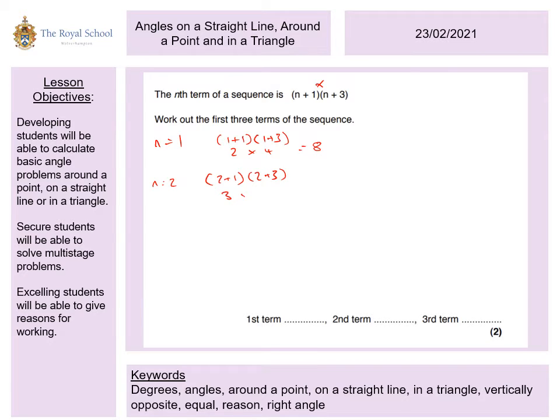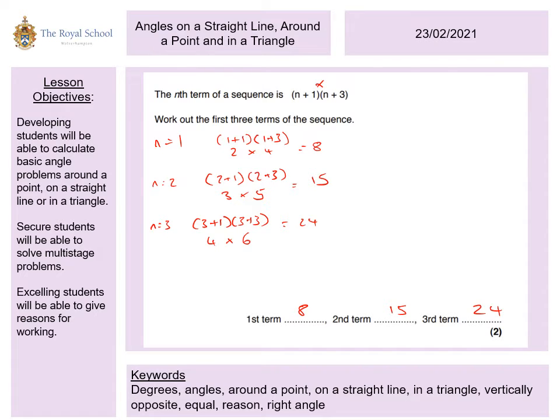So it's going to be 3 times 5, so that's going to give us 15. And then for our third term, we let n equal 3, so that's going to give us 3 plus 1, and 3 plus 3, so it's going to give us 4 times 6, which is 24. So we get 8, 15 and 24.